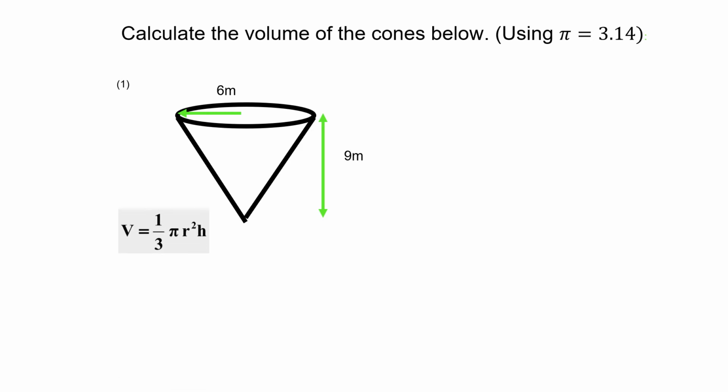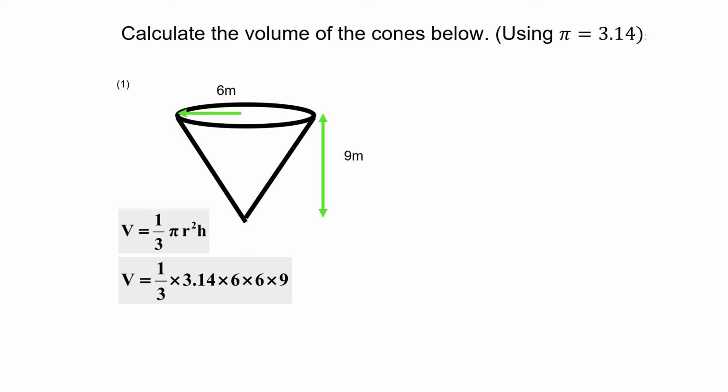As was said earlier, the volume of a cone equals 1/3 pi r squared h. We know that pi, the approximate value we're using, is 3.14. As we can see from our cone, our radius is 6 meters and our perpendicular height is 9 meters.